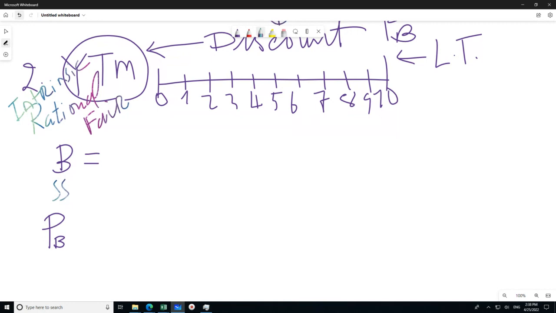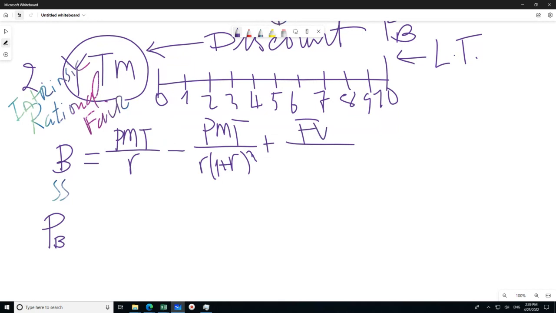So we all know the formula for bond valuation is coupon payment over R times 1 plus R raised to N, plus face value over 1 plus R raised to N. And of course, we know this is the annuity, right?